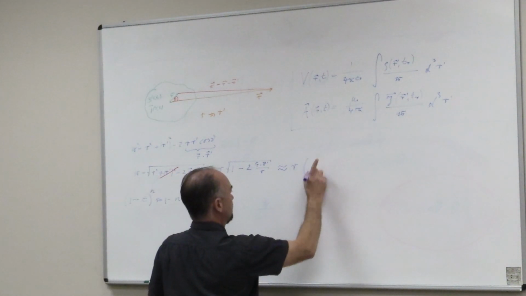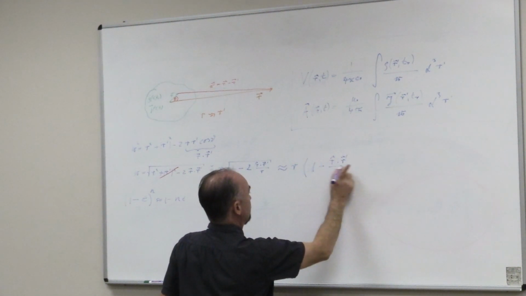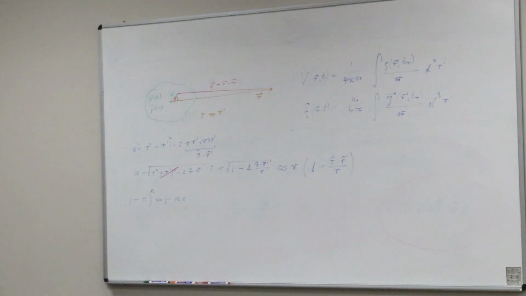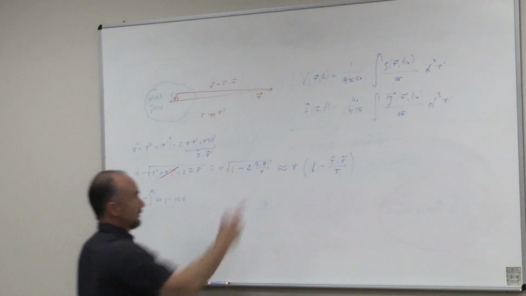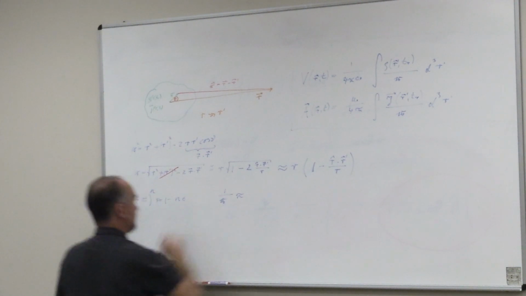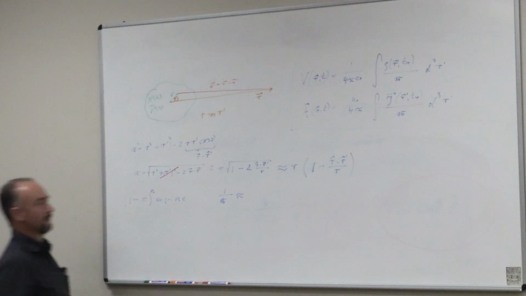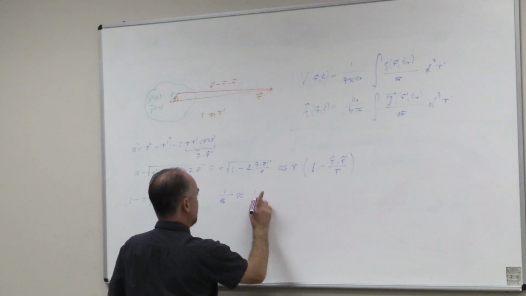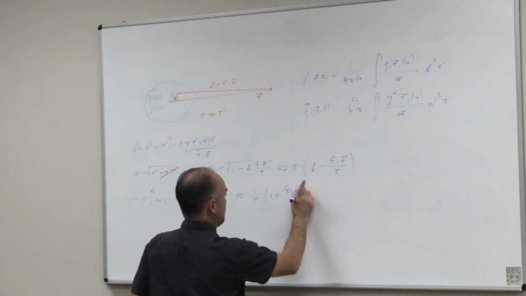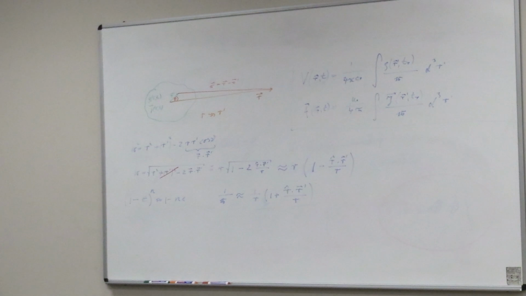So r times 1 minus r-hat dot r prime over r, first order. And then 1 over script r to first order gives us, well, n will then be minus 1/2, so it gives us 1 over r times 1 plus r-hat dot r prime over r.